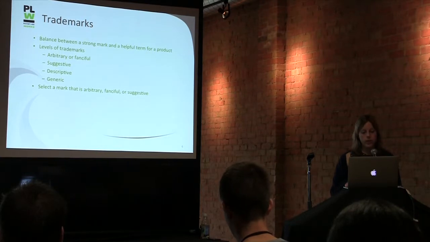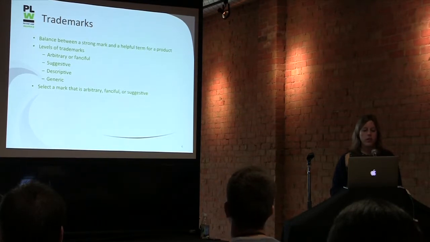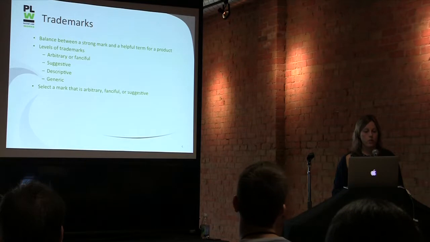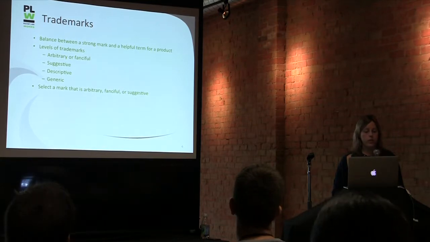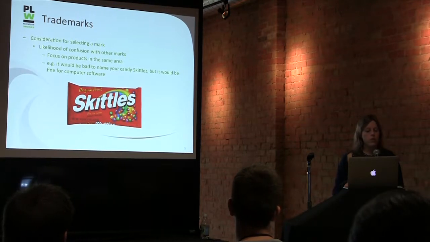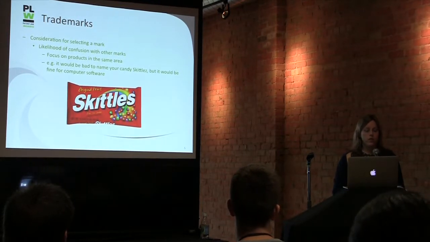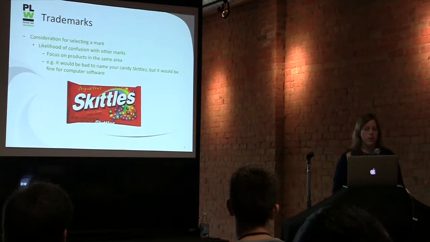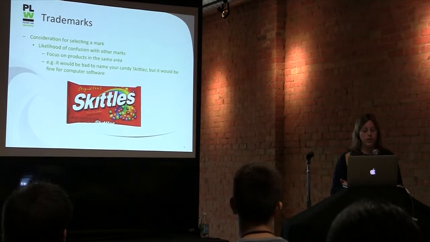So in terms of picking your mark, there needs to be this careful balance between having a strong mark and a helpful term for a product. It's great when you are the manufacturer of Skittles and you're just taking this arbitrary mark, which means absolutely nothing, and you're using it, but it can be a little bit more difficult when you're starting out in the world because you want something that kind of suggests what your product actually is.